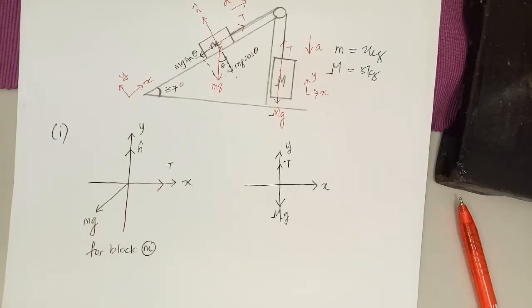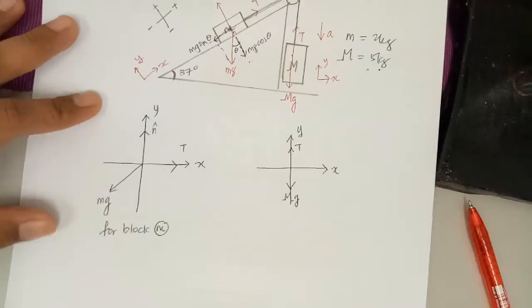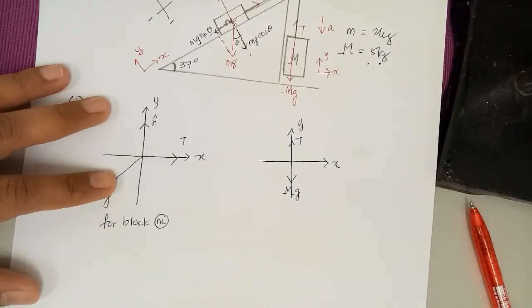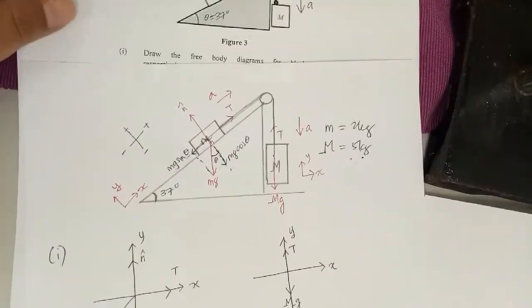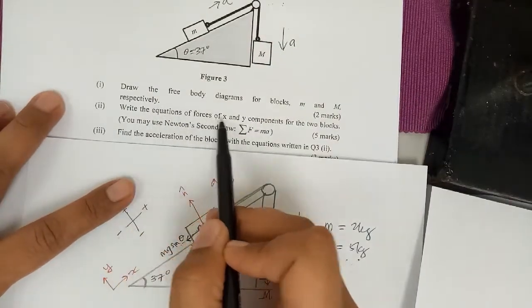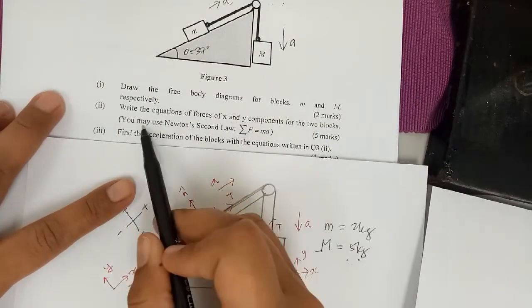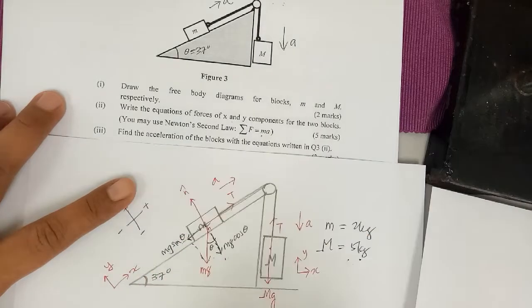So these are the free body diagrams for both blocks. So far we have completed the first question. The second question asks: write the equations of forces, x and y components, for the two blocks. You may use Newton's second law, all the forces must equal ma.